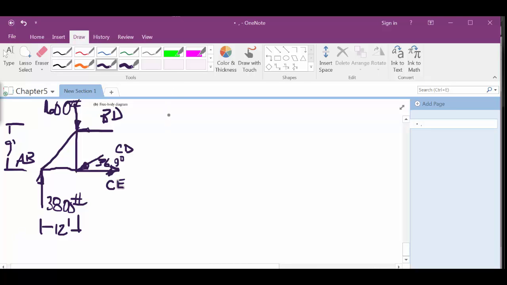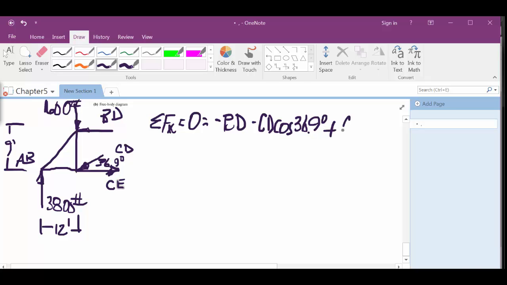So what do I do next? Sum the forces in the X equals 0. What do I have? I got negative BD minus CD cosine of 36.9 plus CE.